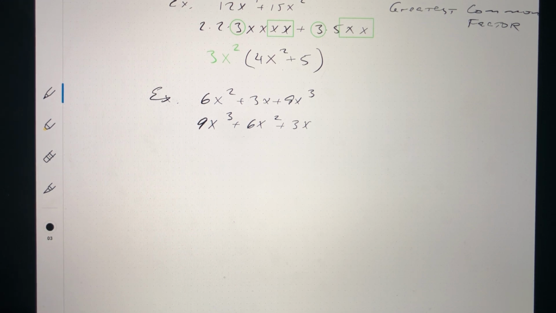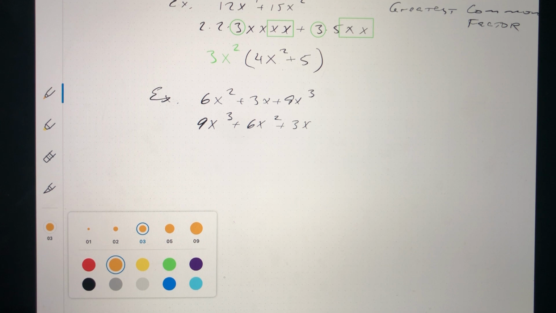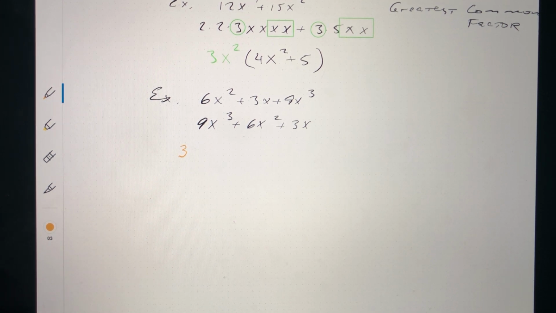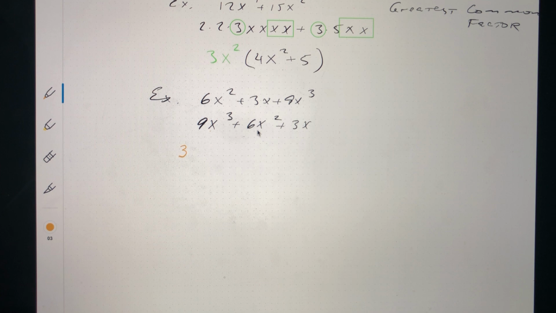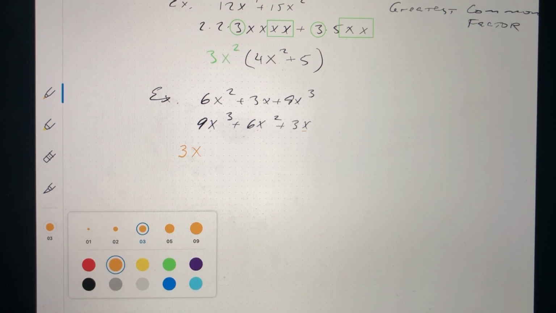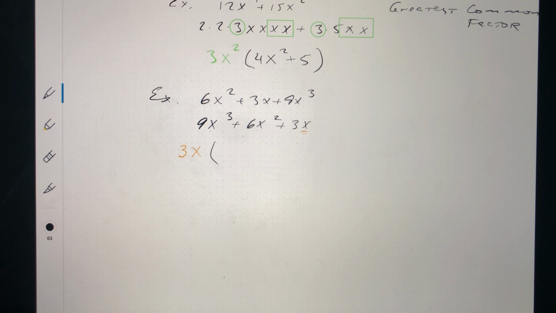Looking at the numbers, between 9, 6, and 3, only 3 is in common. Looking at the x's, there are 3 x's here, 2 of them there, and only 1 in the last term. So the most we can take from all of them is just one x, and that leaves us with 3x as the common factor.